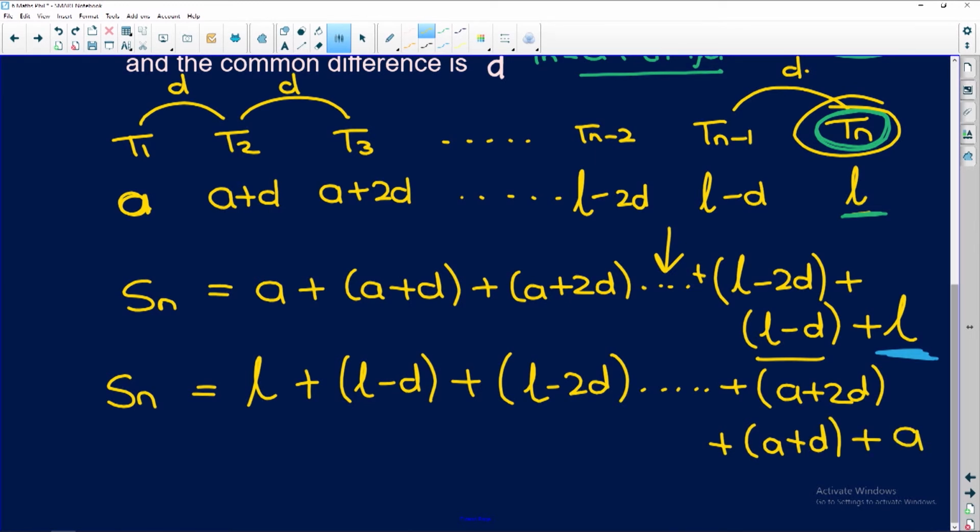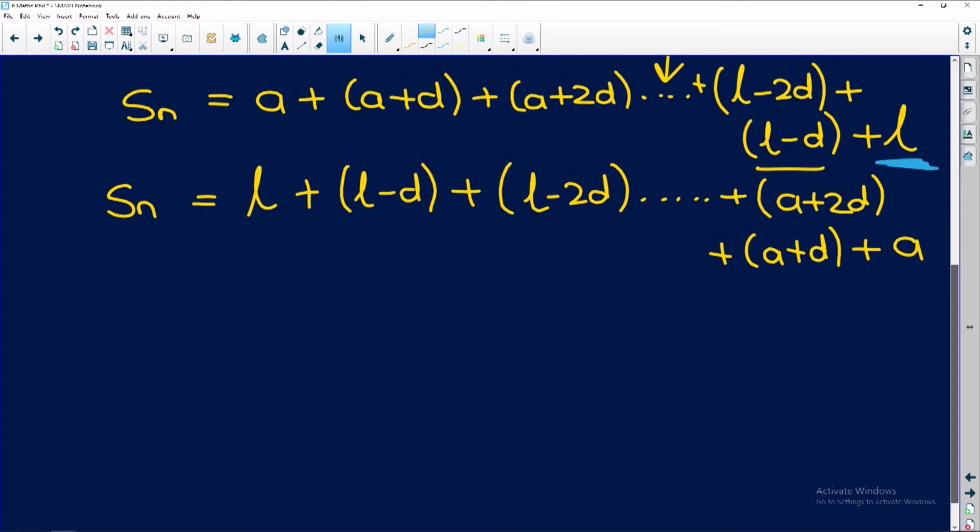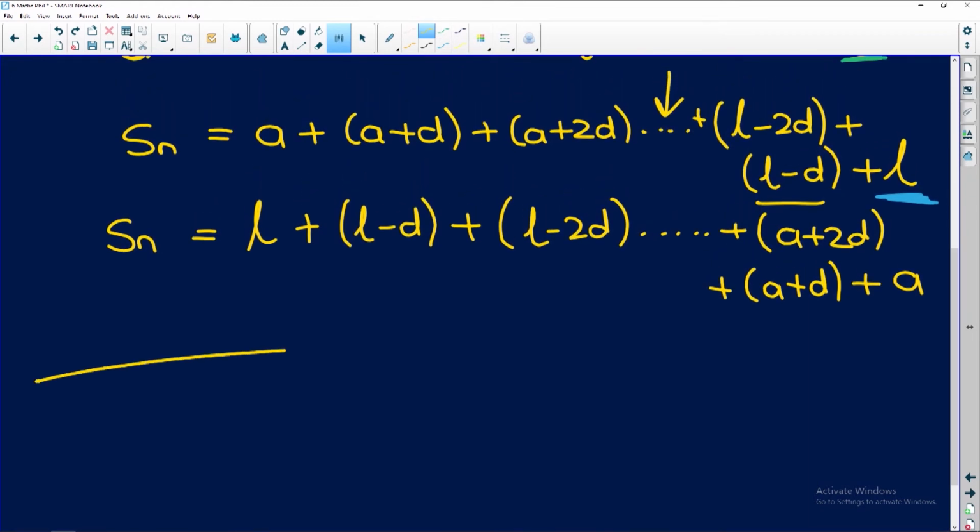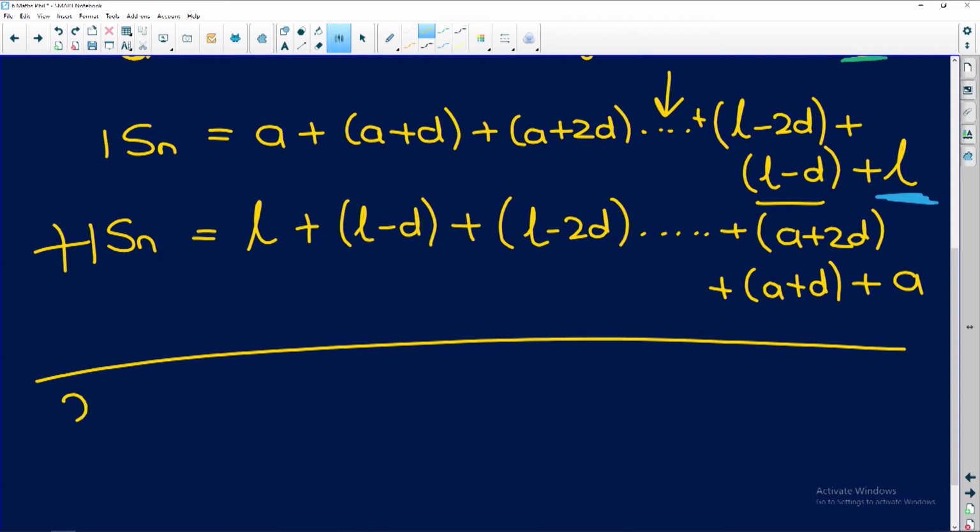The reason for this being, if I do that and I add these two things together, one Sn plus another Sn is going to give me two Sns. So, two sums to the nth term is going to equal.